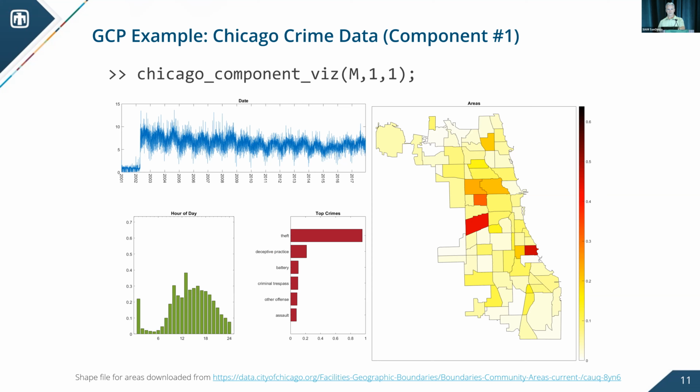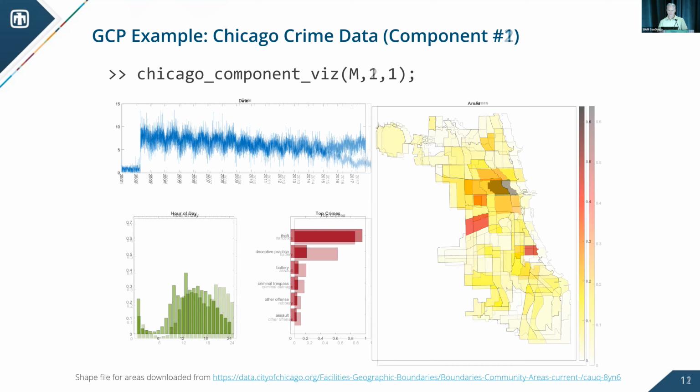So if you have a way to visualize your data, whether it's some kind of scientific data or maybe geolocation data like this, you can take the factors that come out of the GCP models and use more specific visualizations than just those dot plots or scatter plots that you see from the previous slides. There's a way that you can run this code so that you can look at one component at a time, or one of these rank 1 tensors at a time.